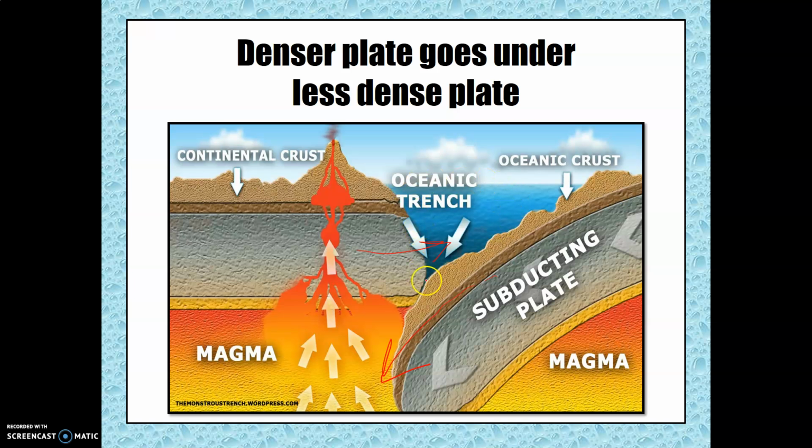Sometimes when that happens, we get these ocean trenches that form. Other times it causes pressure and we end up with magma, hot magma coming up, and that's how we can get our volcanoes. So the density of the plates helps distinguish the different types of earthquakes that we can see.